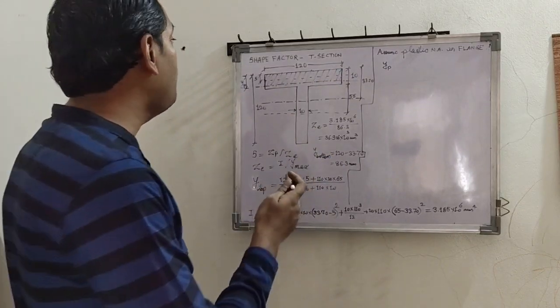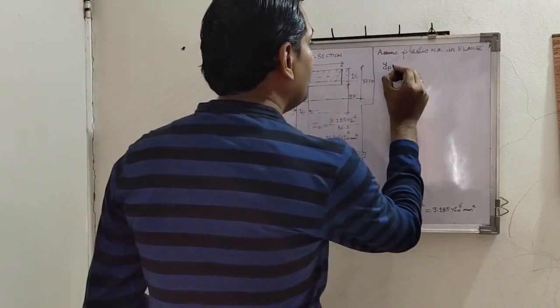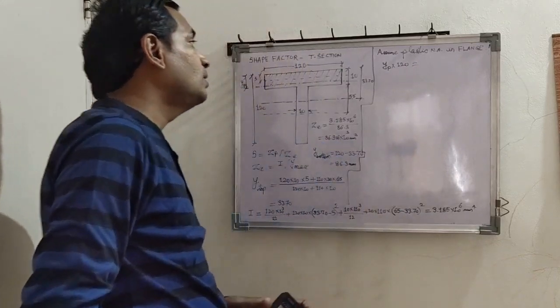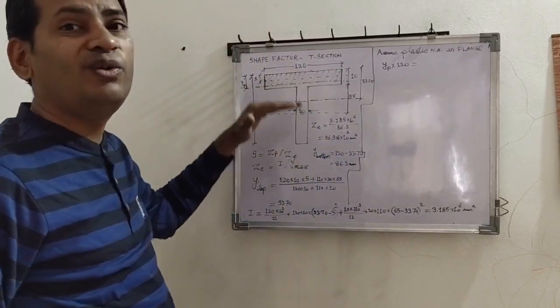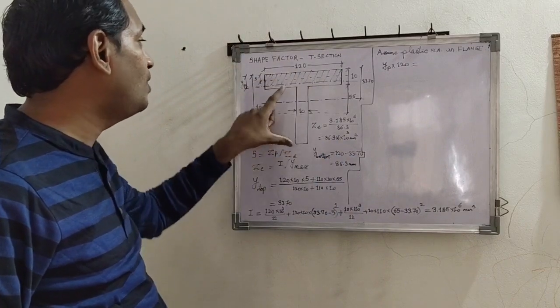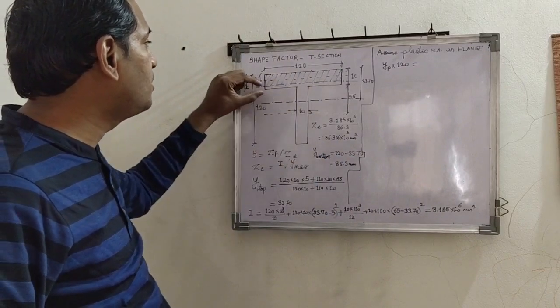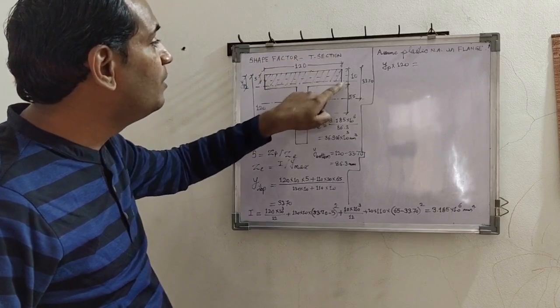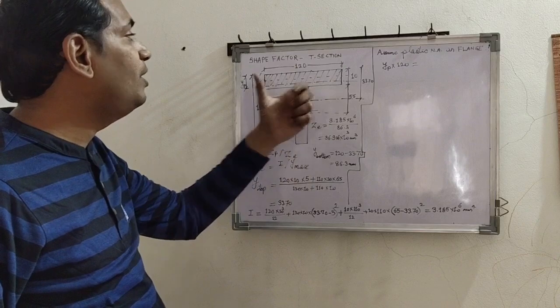So YP into 120 is equal to the whole of the area below the neutral axis. Now how much is the area below the neutral axis? This is 110 into 10, and this small depth of 10 minus YP and 120 width.